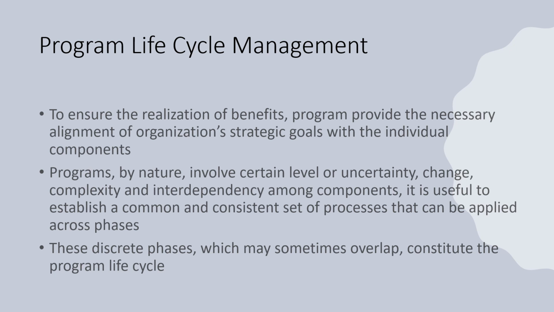So it is useful to establish a common and consistent set of processes that can be applied across phases, because lifecycle management is all about managing the different phases and the activities involved in those phases. These discrete phases, which may sometimes overlap, constitute the program life cycle.